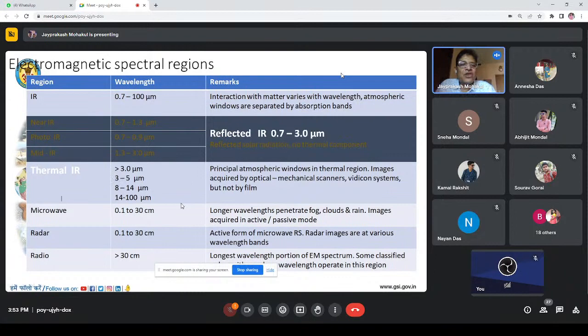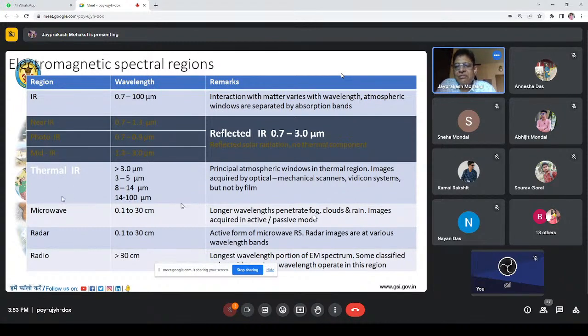Then you have the thermal infrared, 3 micrometer to 15 micrometer. But beyond that, in these ranges, remote sensing is not done. 14 to 100 micrometer, remote sensing is not done. And then you have the microwave, 0.1 to 1 meter.